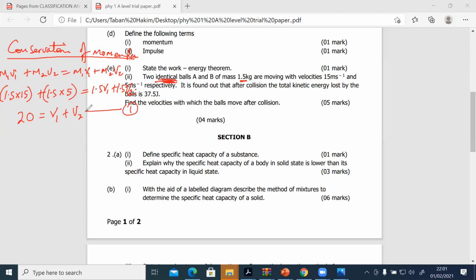And then after that, since they're talking about the loss in kinetic energy, we are going to get the total kinetic energy before collision. For this, we shall simply have a half times 1.5 times 15 squared, plus a half times 1.5 times 5 squared.